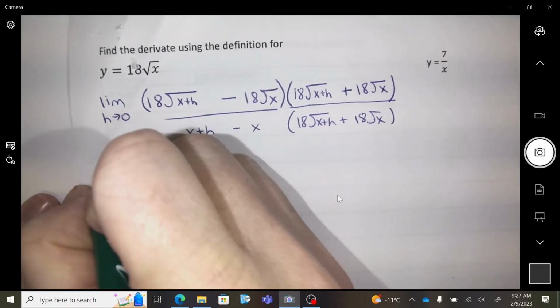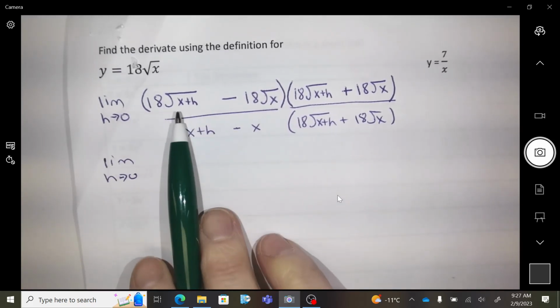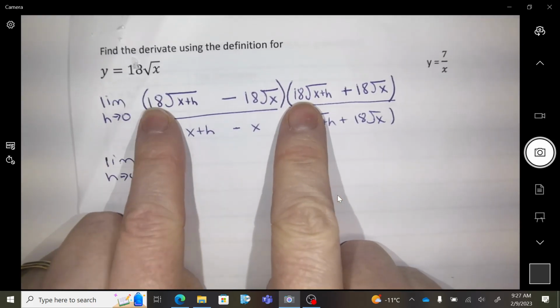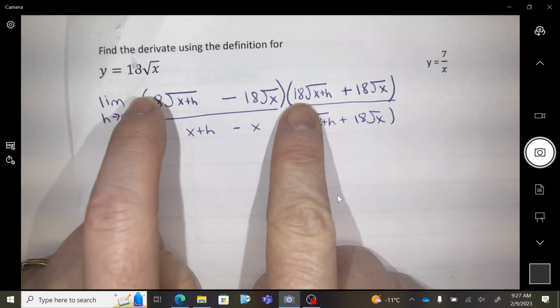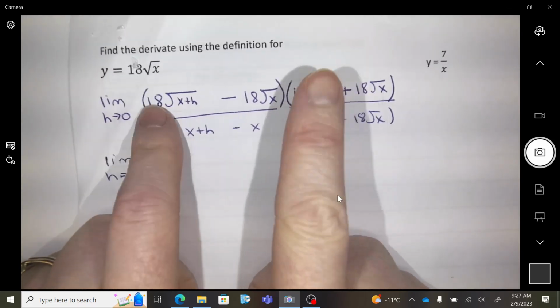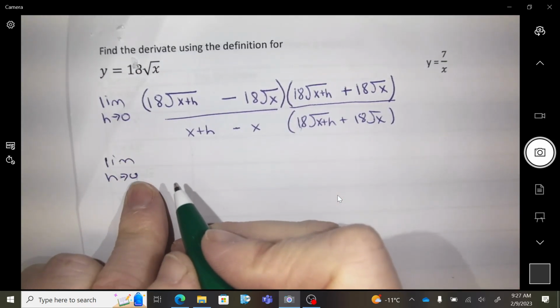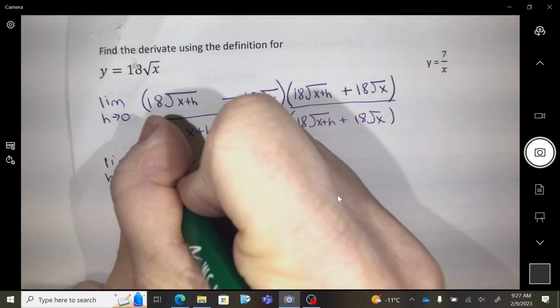Okay, so let's work to simplify the top. Okay, what happens here? So what's out front? What's our new number? Anybody know 18 squared? So I was going to put it in your calculator though. 18 squared. Is it 324? It is 324. That was just a random guess.